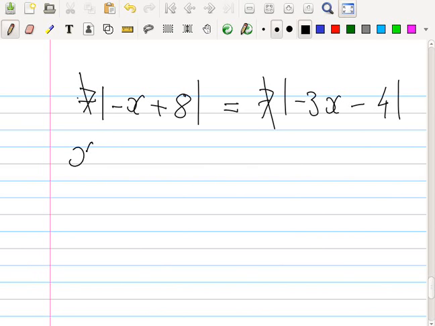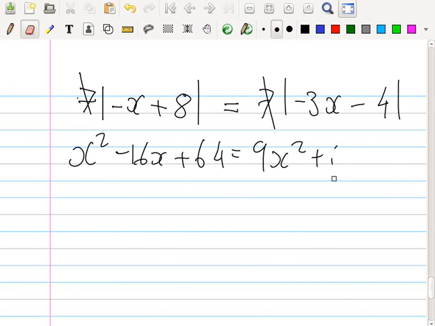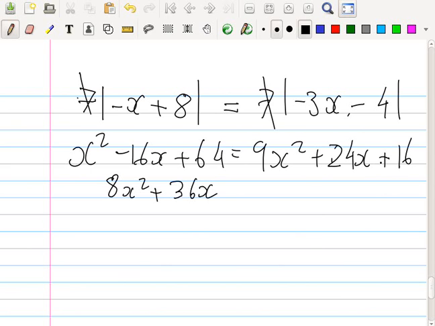So I get x squared minus 16x plus 64 equals 9x squared plus 24x plus 16. So you get 8x squared plus 40x minus 48 equals 0.